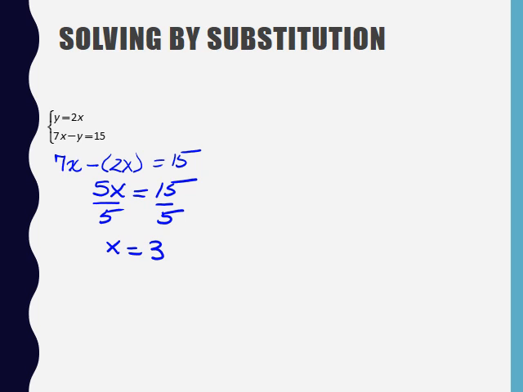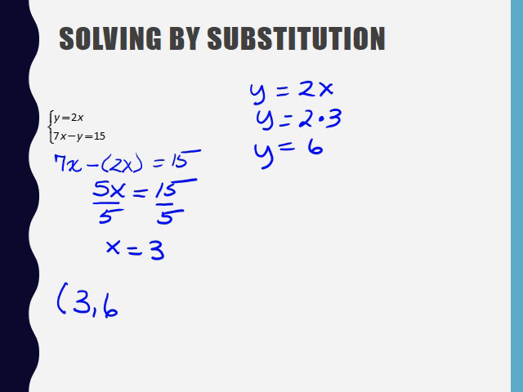Okay, now that you've got a value for x, you can sub it into either equation. So if I take the first equation, y equals 2x, and put in 3, I'm going to get y equals 2 times 3, or y equals 6. So our solution is (3, 6). I could also, if I had wanted to, put it into the second equation. You don't have to put it into both, but I'm just going to show you that it works.